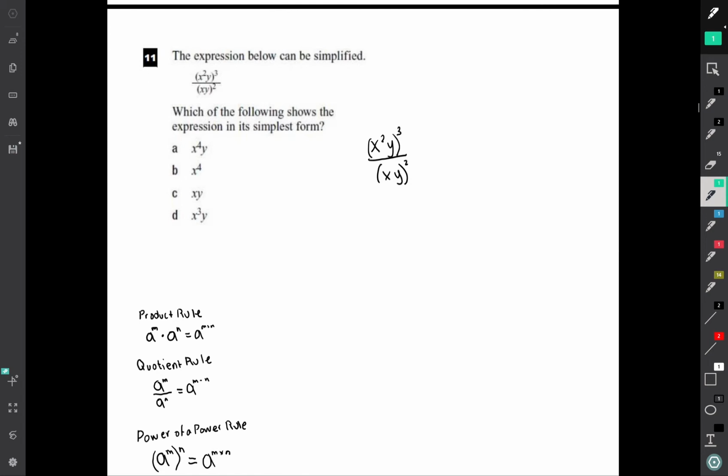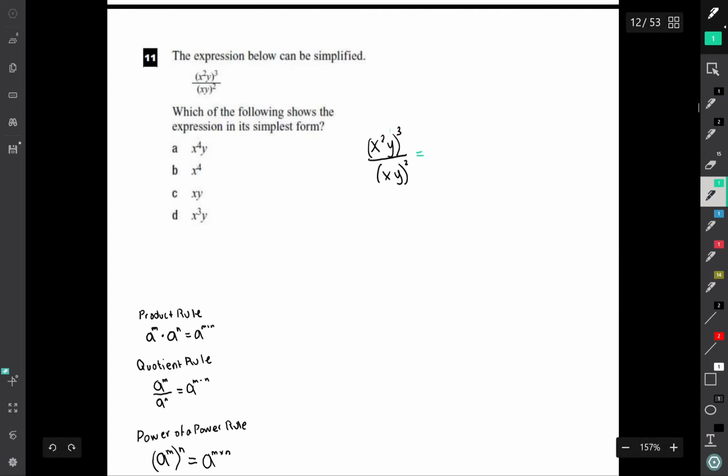So I can't simplify inside the bracket there or on the bottom of the fraction bar. So since I can't do brackets, I move on to exponents. All right. So I need to distribute the exponent 3 to each of the terms inside my bracket. And I need to do the same thing to the exponent 2 on the bottom.